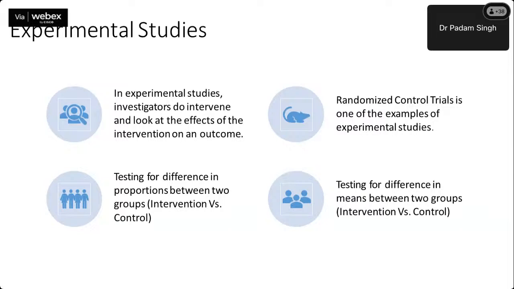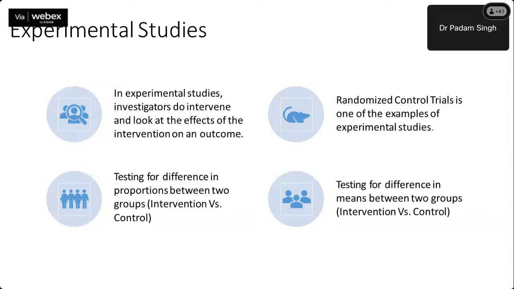That's why these are also known as interventional studies. तो एक्सपेरिमेंटल स्टडीज में हम क्या करते हैं, जो रिसर्चर है वो इंटरवीन करता है, and there is an intervention and we look for what is the impact of that intervention on the outcome.